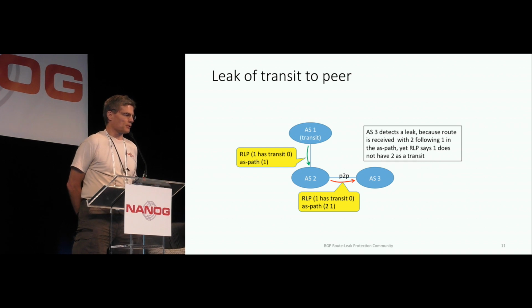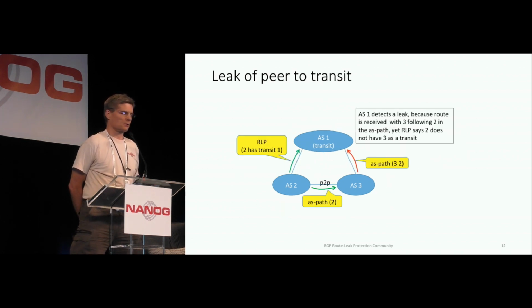Right. This one's probably pretty similar to the first one. AS1 is a Tier 1, he's got no transits. Sends to AS2, but AS2 sends to a peer, and again, from the RLP we can see AS2 is not a transit, therefore it's a leak. Okay, this one is, again, AS2 originating or passing on a customer route.